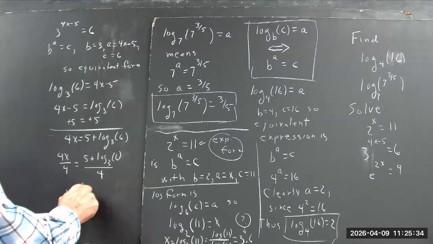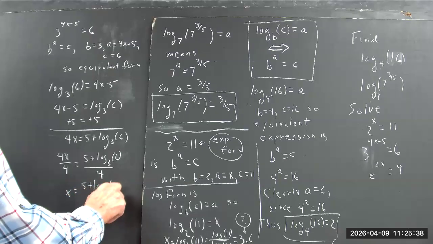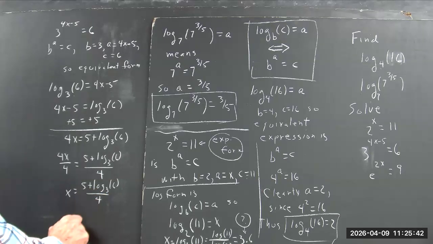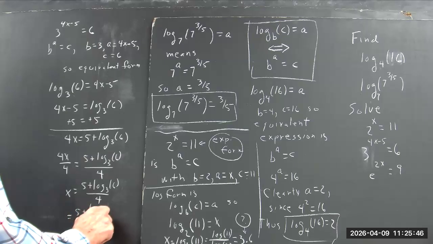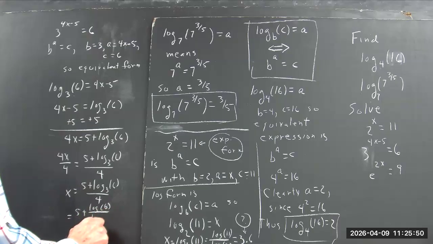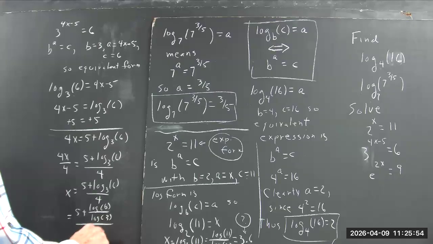So x equals 5 plus log base 3 of 6 over 4, which equals 5 plus the log of 6 divided by the log of 3, all that over 4.